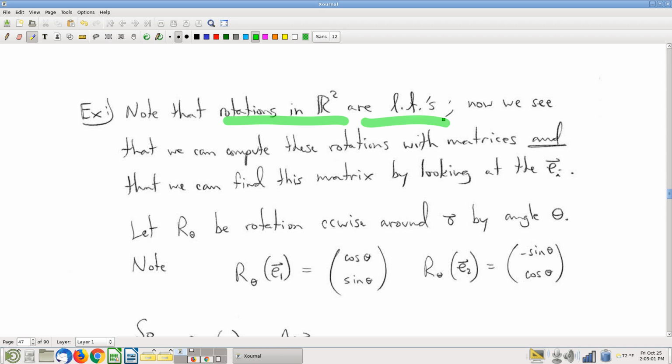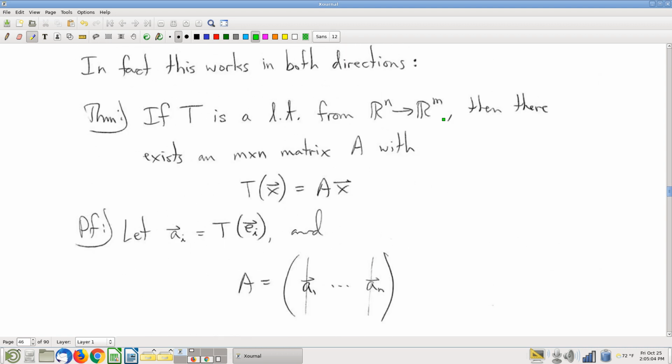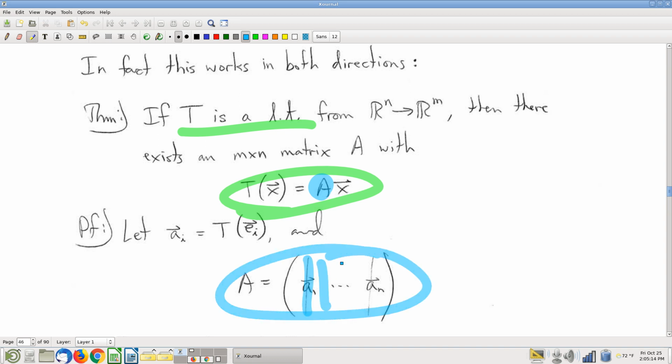If every rotation is a linear transformation, and if every linear transformation is represented by a matrix, and if that matrix specifically can be understood by its columns being literally the images of the standard basis vectors, we have here an explicit formula for how to make a matrix that does rotations for us.